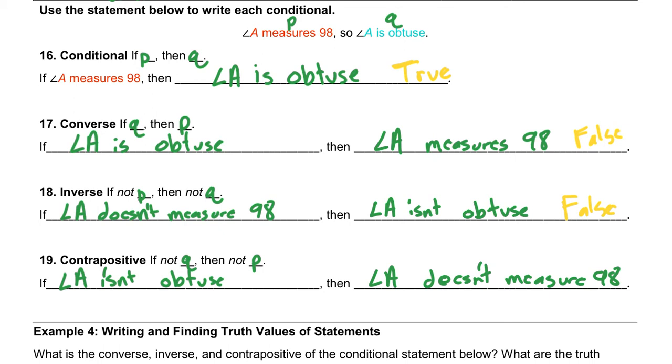So it can't measure 98 degrees if it isn't obtuse. So that is true. So the thing I want us to understand is that converse and inverse are always either both true or both false. They are called equivalent statements. They always have the same truth value. The original statement, the conditional, and the contrapositive always have the same truth value. They're either both true or both false.